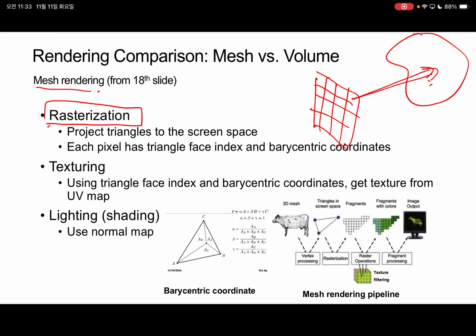If it intersects with some surface, then the ray marching is terminated, and we just get the intersecting triangle face index, which becomes the output of the rasterization. So mesh rasterization does not take care of the empty space. It just does ray marching until it intersects with some 3D surface. Once you intersect, you get the triangle face index and barycentric coordinates, and that becomes the output of rasterization.